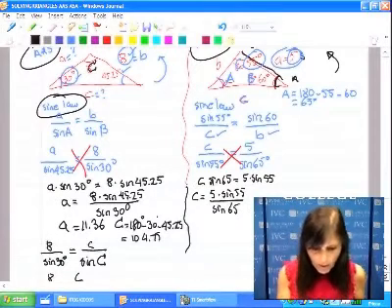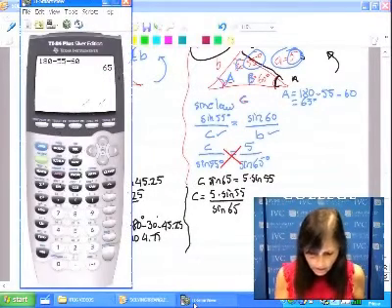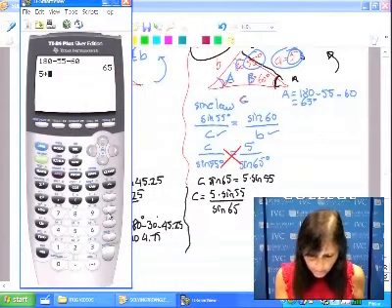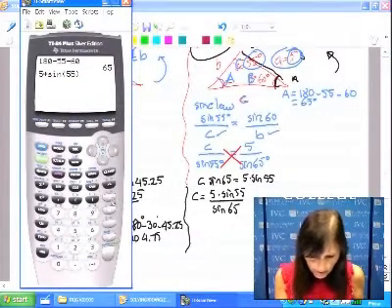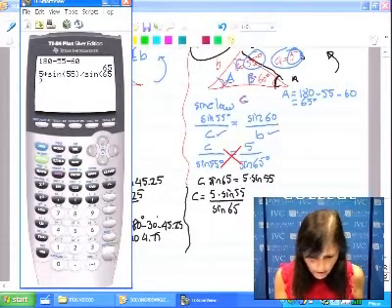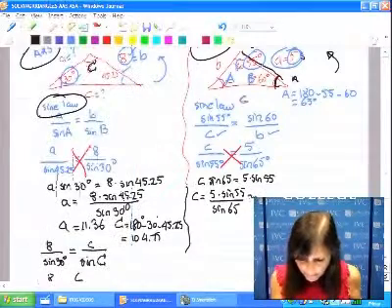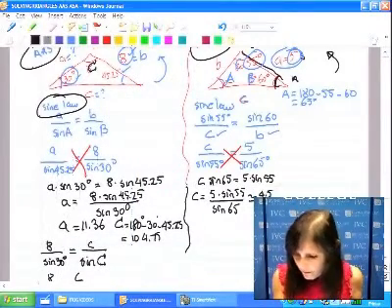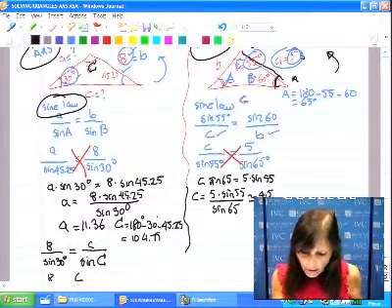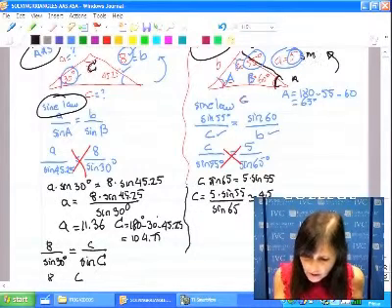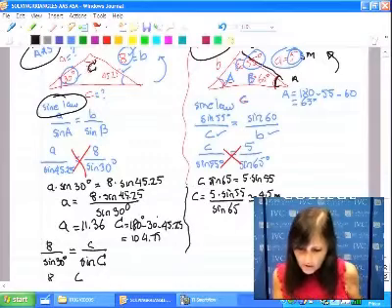So let's get that in our calculator. 5 times sine of 55 divided by sine of 65. And that gave me 4.5. If this is given in meters, that's going to be spit out as meters.